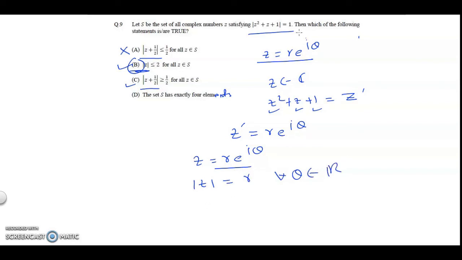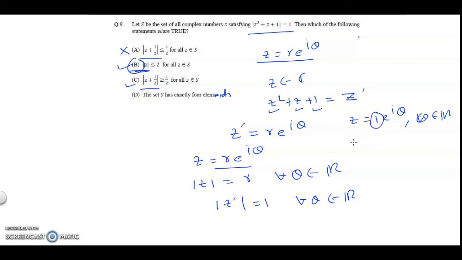So given that modulus of z dash is actually 1, it is satisfied for all theta belonging to R. Hence if z is 1 e to the power i theta, then it satisfies for all theta belonging to R. Hence we can say that any z having theta belonging to R will satisfy with modulus 1.